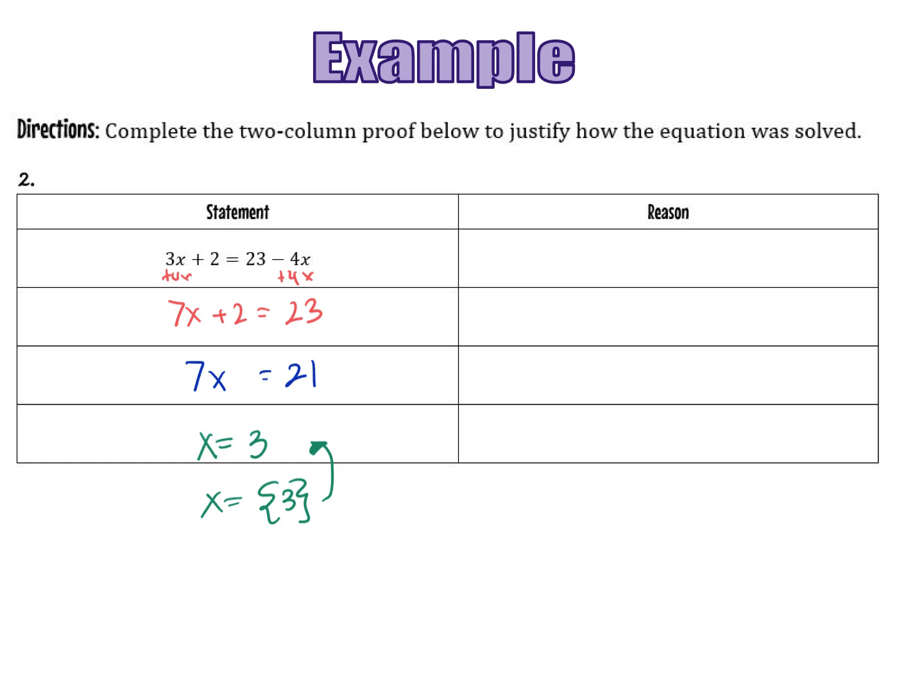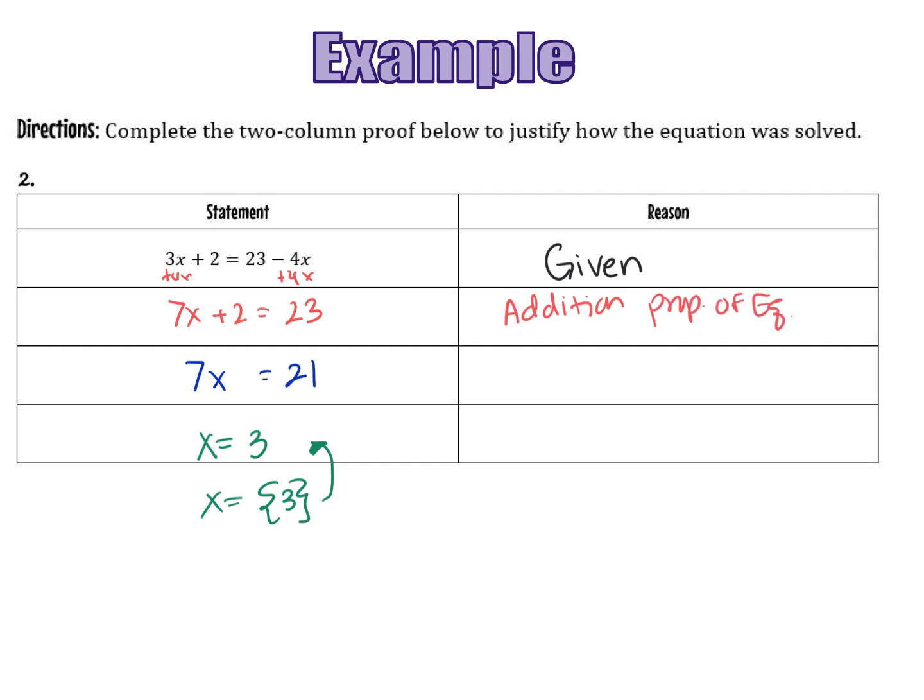Okay, for the reason column, our first reason is always given. We were given this problem, that's why we're starting there. When you're filling in your reasons on the right, you're asking yourself, what did I do? On the first step, on the red step, I added 4x to both sides, so that is the addition property of equality.